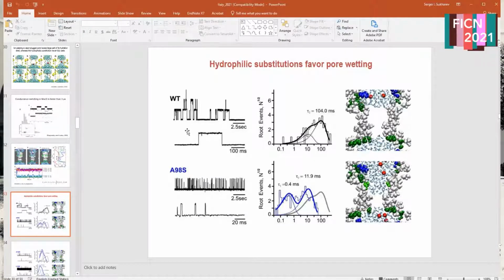MscS is on the sluggish side, with 100 millisecond, 200 millisecond opening events, probably because the channel sits and waits for the cavitation transition that would let it close.